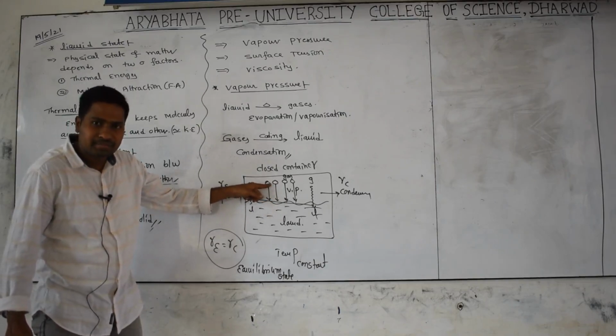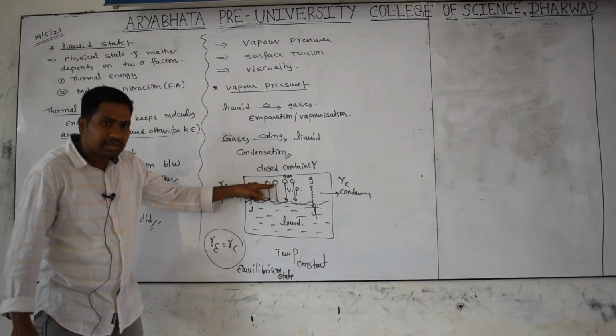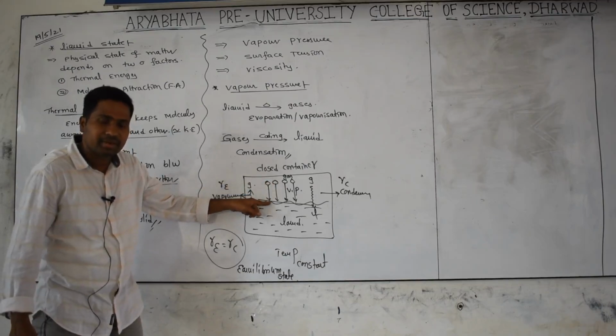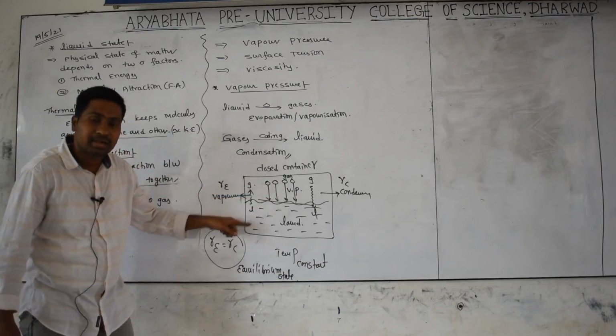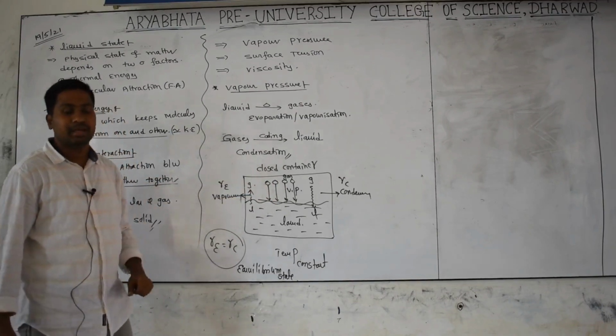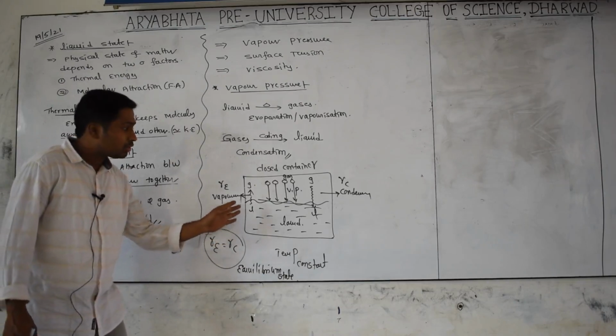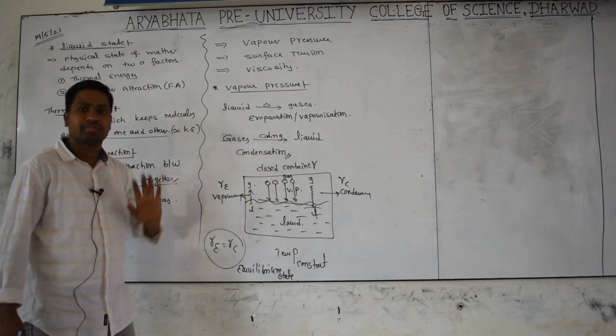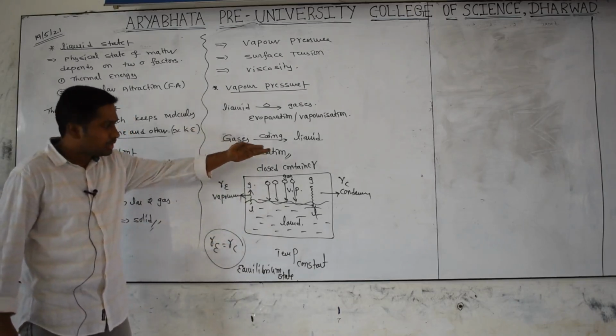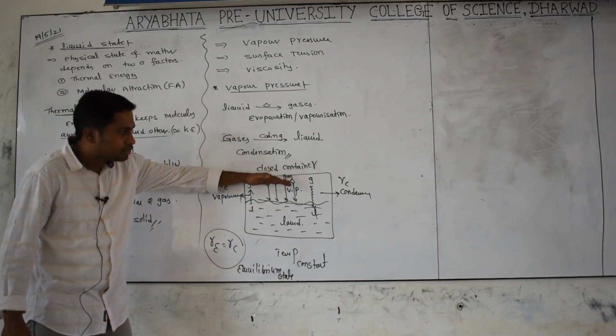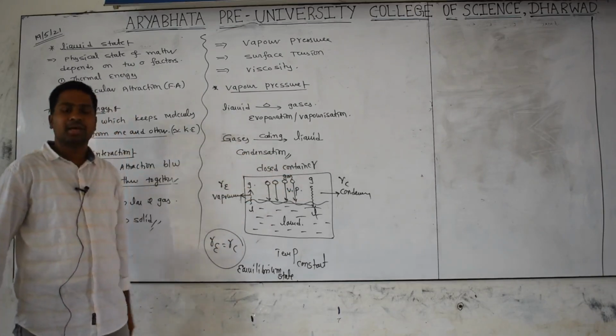Equilibrium state means the rate of evaporation equals the rate of condensation. At that situation, the pressure exerted by the vapors on the surface of the liquid is called vapor pressure.